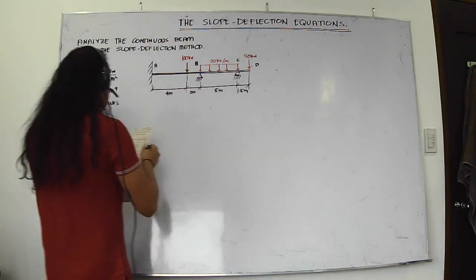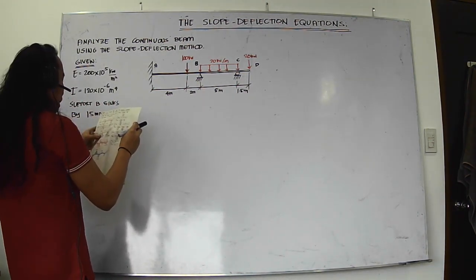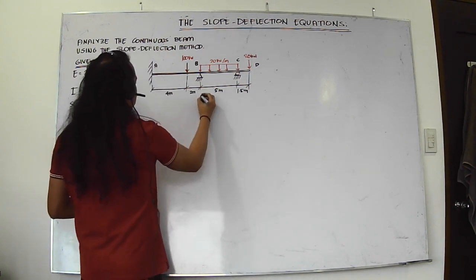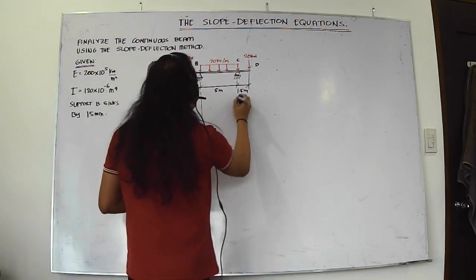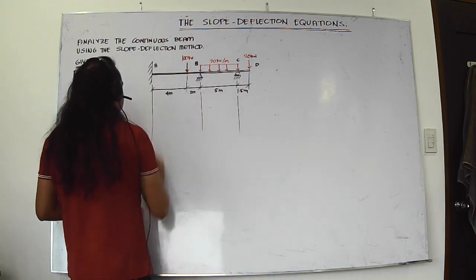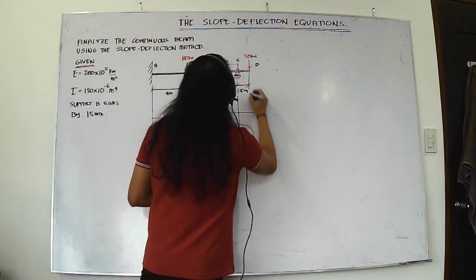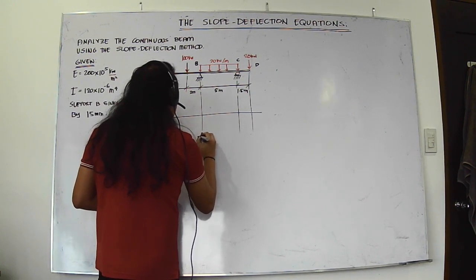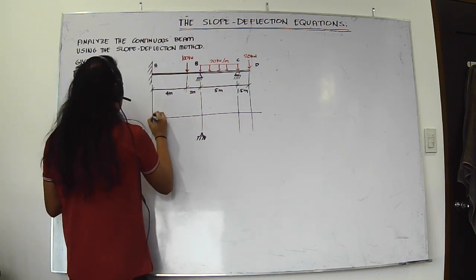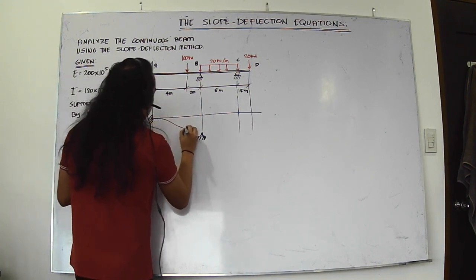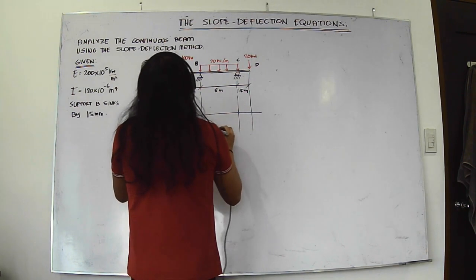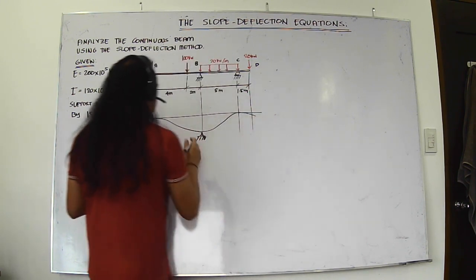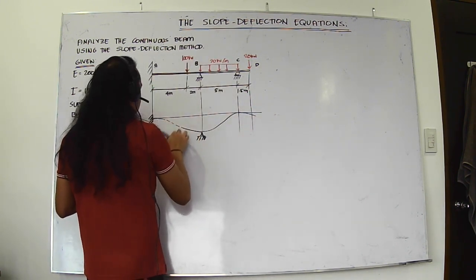Now, before we talk about the slope deflection equations, we need to deal with the settlement, because this is an annoying problem. Here, support B sinks by 15 millimeters.